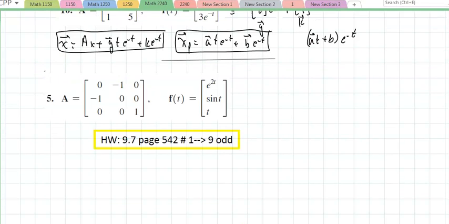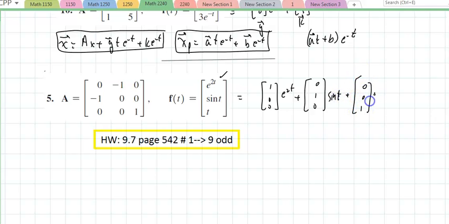I just wanted to point out for number 5 and 9, you notice what the function f of t looks like. When you take f of t and decompose it, you say this is 1, 0, 0 times e to the 2t, plus 0, 1, 0 times the sine of t, plus 0, 0, 1 times t. Call this G, call this K, call this H. I do want to point out, you do this individually. That is simply A e to the 2t.